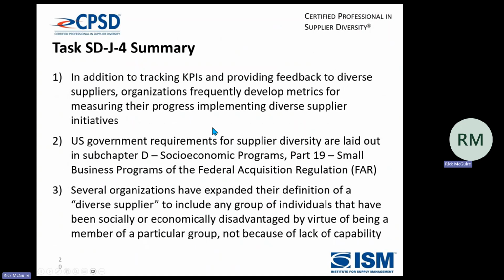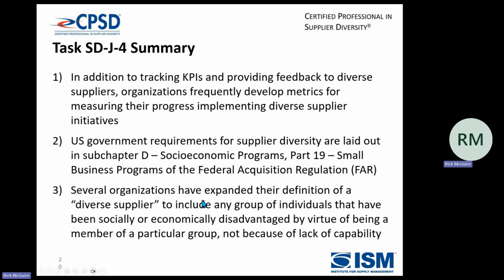Summary. In addition to tracking KPIs and providing feedback to diverse suppliers, organizations frequently develop metrics for measuring their progress in implementing diverse supplier initiatives. U.S. government requirements for supplier diversity are laid out in subchapter D, socioeconomic programs, part 19 of the small business programs of the Federal Acquisition Regulation.